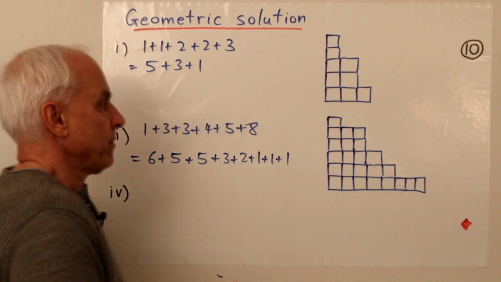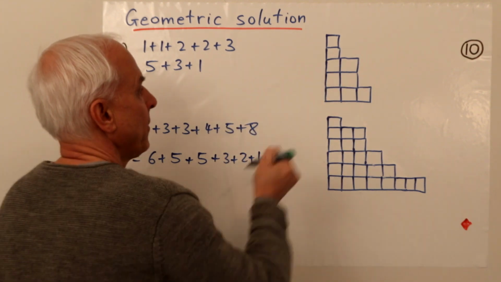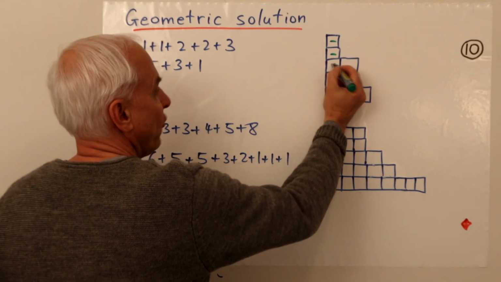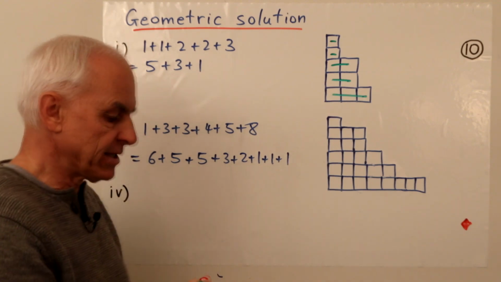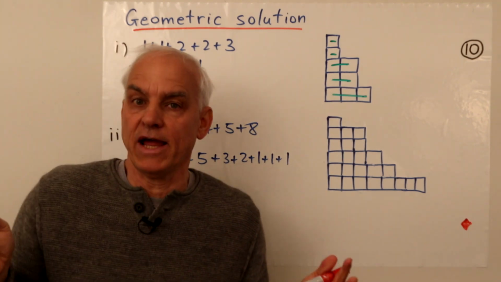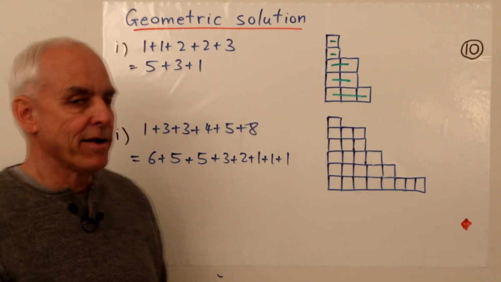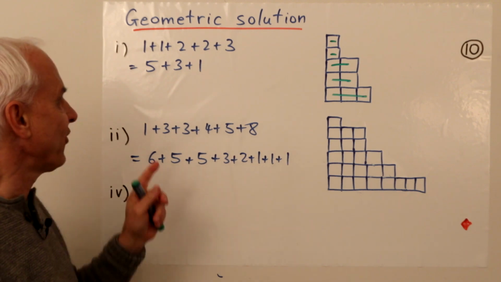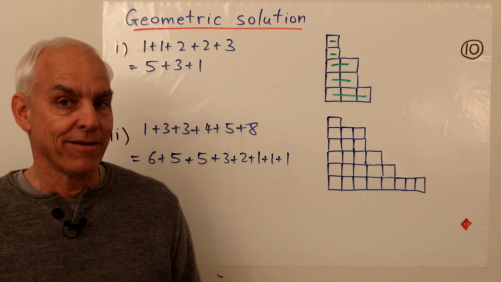Well, we're thinking about numbers as row rectangles. So there's 1, there's 1, and there's 2, and there's 2, and there's 3. So this represents this left-hand side as a sum of numbers as row rectangles. And once we've done that, then it's kind of obvious why this is going to be 5 plus 3 plus 1.